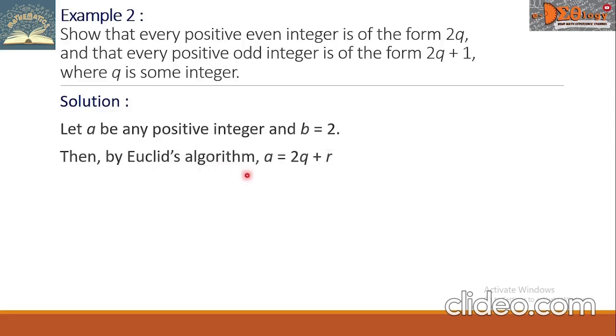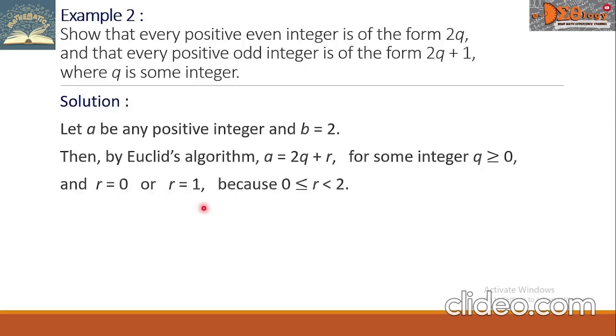By Euclid's algorithm, we write a equals 2q plus r, for some integer q more than or equal to 0, and the remainder r equals 0 or r equals 1, because r is more than or equal to 0 but less than 2. So we write a equals 2q, or a equals 2q plus 1.